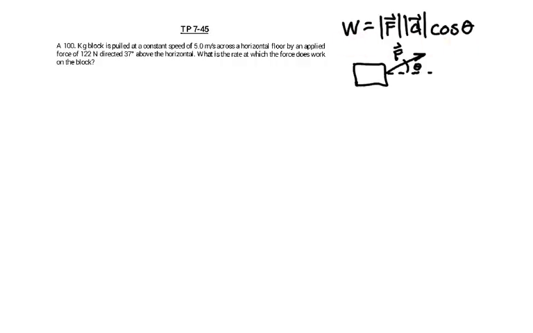I need the rate at which work is being done. I wasn't given a displacement vector. I was given a velocity. Well, how can I continue? Well, lucky for us, our constant velocity means that there is no acceleration, which means that our displacement vector is going to be in the same direction as our velocity vector.